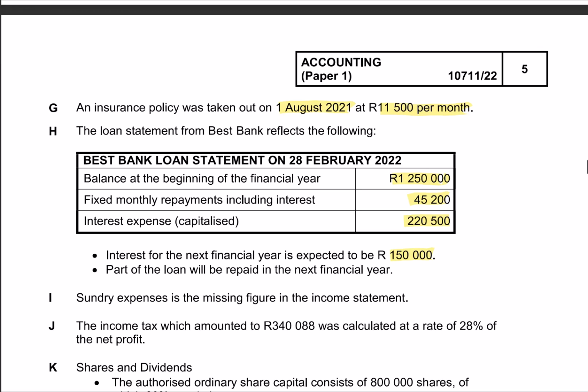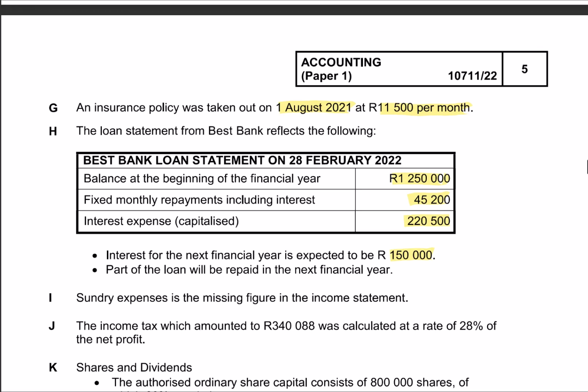Then they're telling you that interest for the next financial year is expected to be 150,000. So we'll look at the workings, how we calculate the loan that is due within the next financial year, so that we remove it from non-current liabilities to current liabilities.